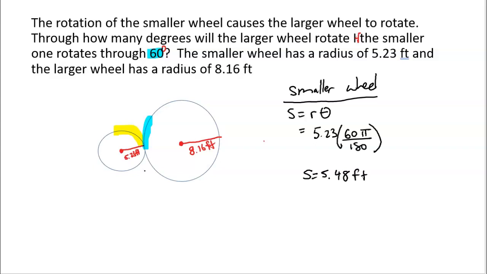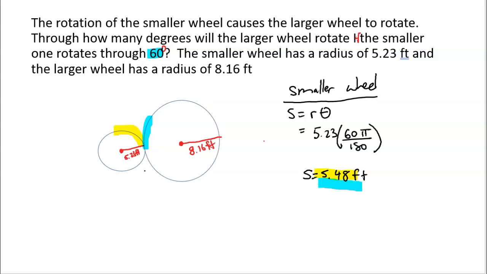So that means that this length right here, the length that's highlighted yellow, which also means that the blue length is also 5.48. The larger wheel will also move 5.48 feet.